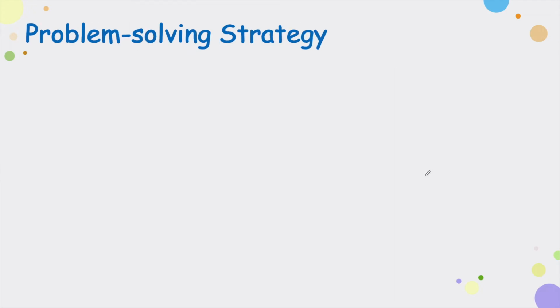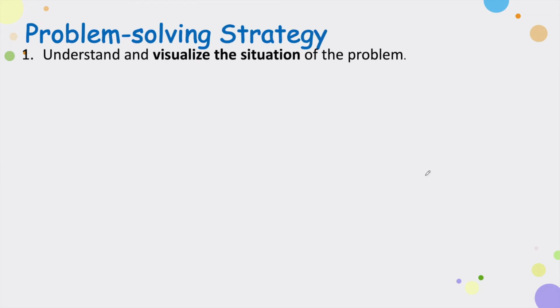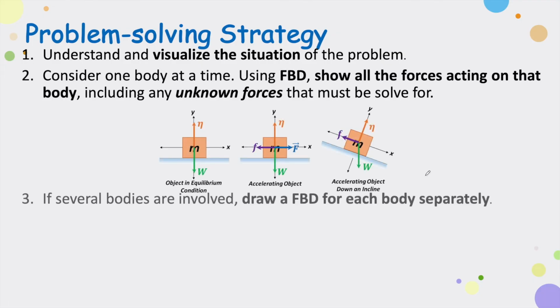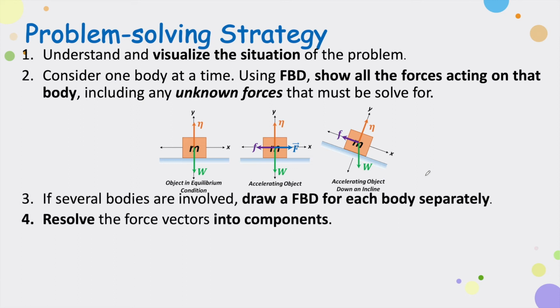So again, I repeat, there are strategies for this one. You need to visualize the situation first. And then consider one body at a time, so for each object, each mass, draw a separate free body diagram. Also, you need to identify the forces acting on the object.